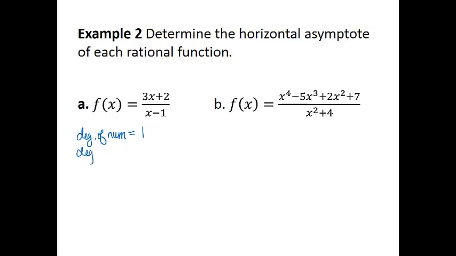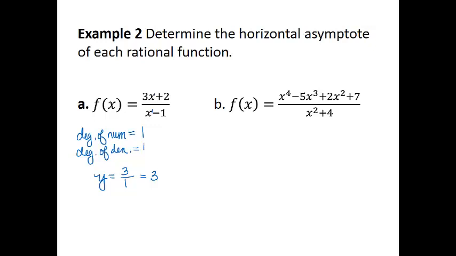The degree of the denominator is also 1. So in the case when they're equal degrees, the horizontal asymptote is the equation y equals the leading coefficient of the numerator divided by the leading coefficient of the denominator, which is 3 divided by 1, or 3.